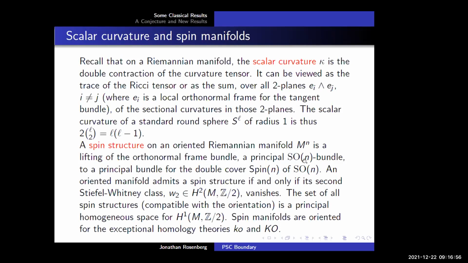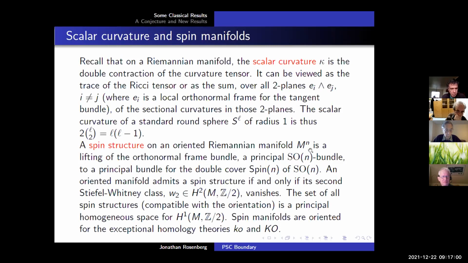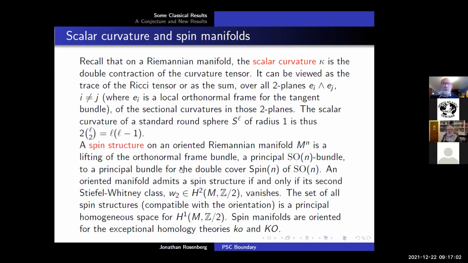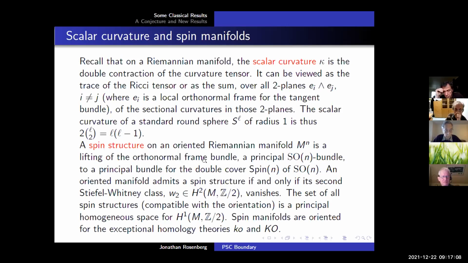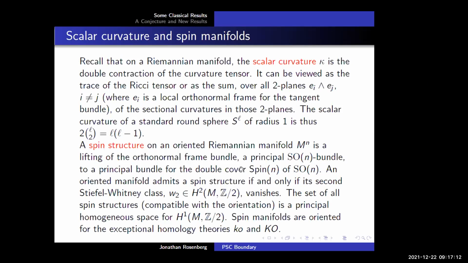So that's a principal bundle for the group SO(n), the rotation group. And SO(n) has a double cover, which is called the spin group. If this bundle has a double cover which is a principal bundle for the spin group, then that double cover defines what's called a spin structure.